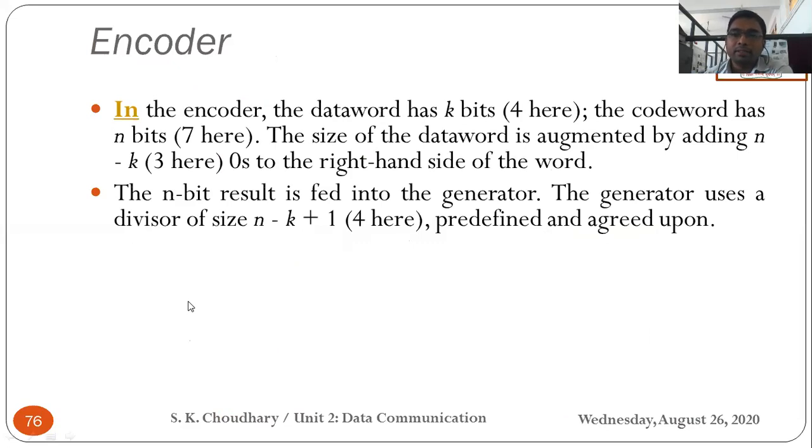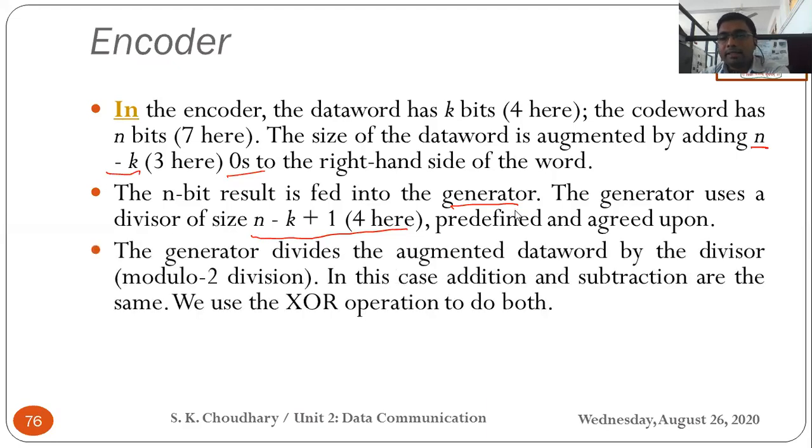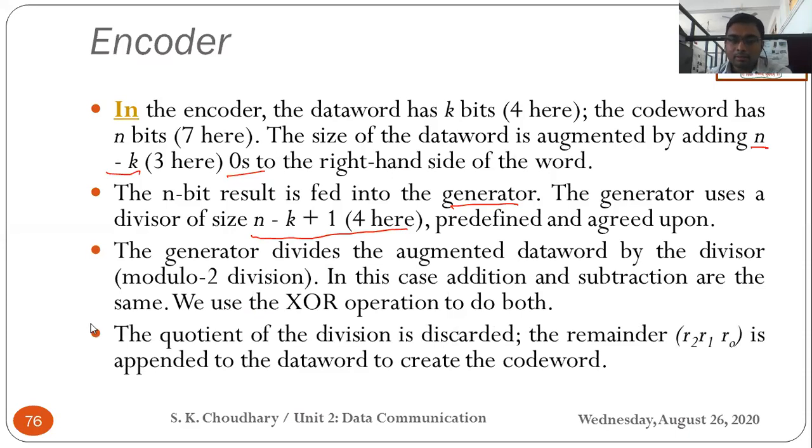The size of the data word is augmented by n minus k zeros, which is 3 here, on the right-hand side of the word, as we have seen already. The n-bit result is fed into the generator, and the generator uses a divisor of size n minus k plus 1. Here it is 4, and the generator divides the augmented data word by the divisor, and this is a modulo 2 division.